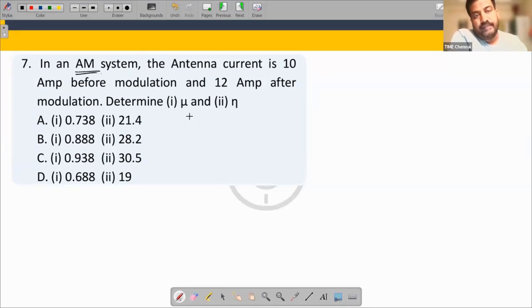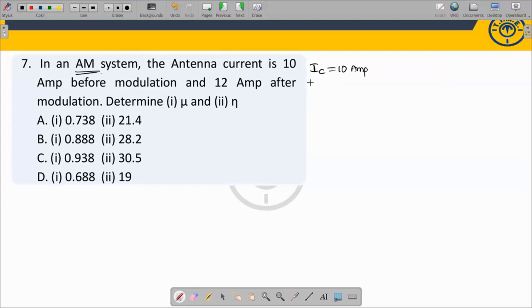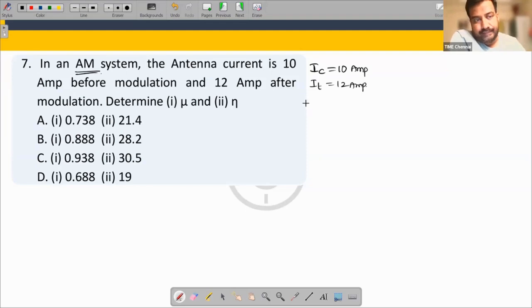In an AM system, antenna current is 10 amp before modulation and 12 amp after modulation. Determine mu.